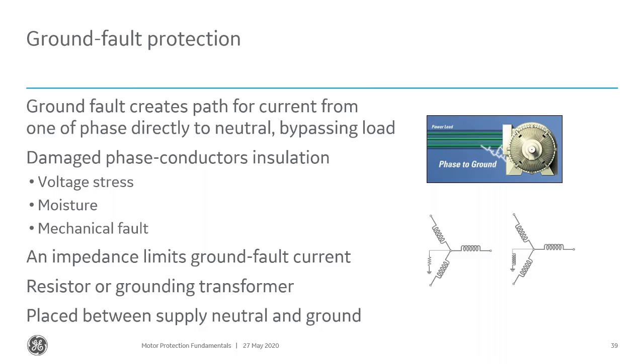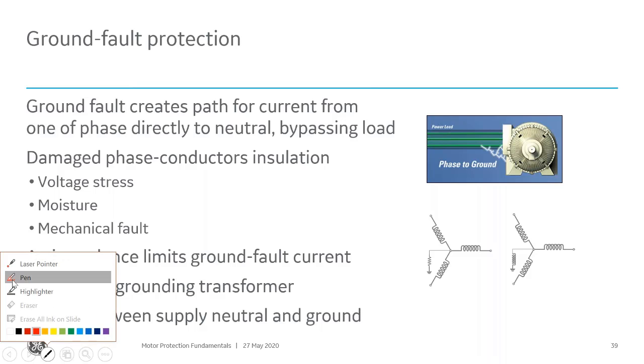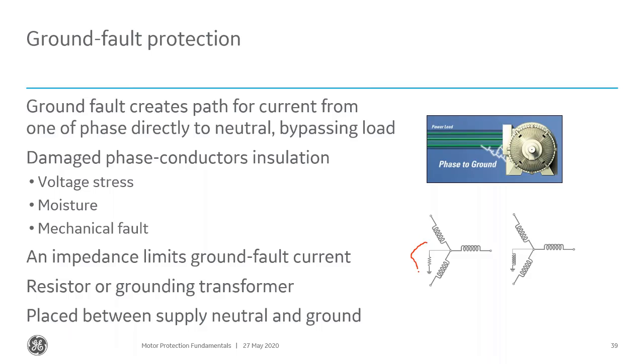So if we look at this particular motor here, we can see that particular power system there, we can see that it's impedance grounded. So if this represents a transformer, then that impedance on the transformer will limit the ground fault current, right?